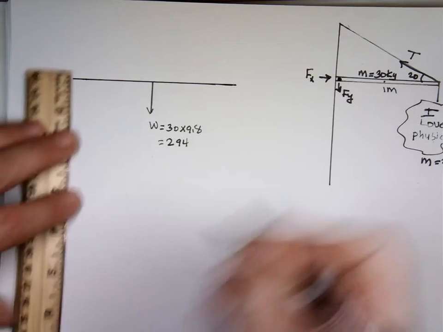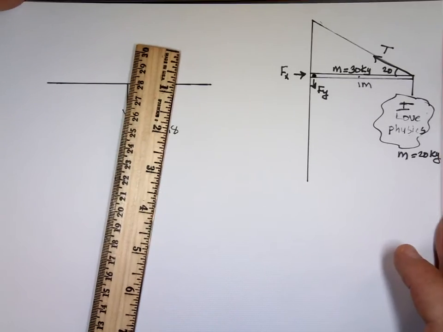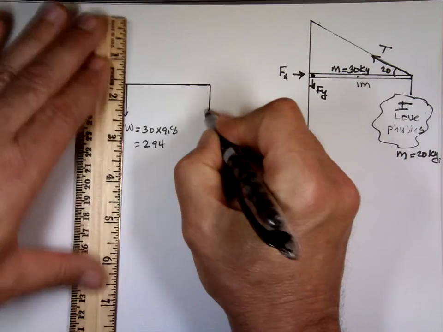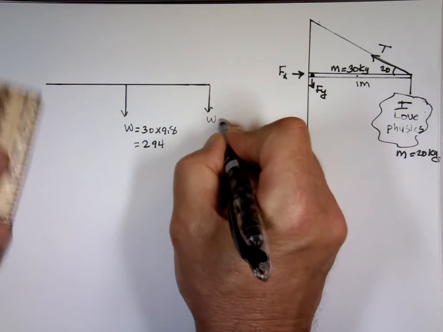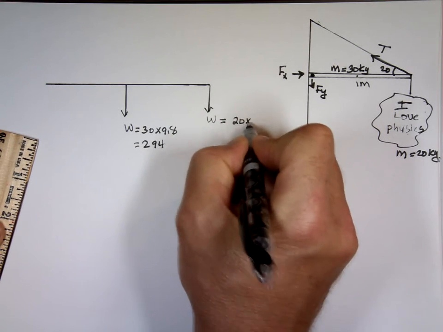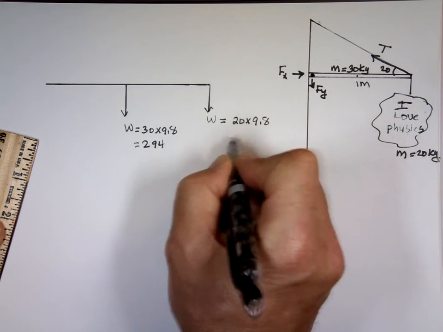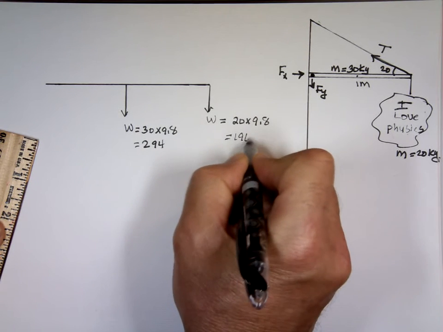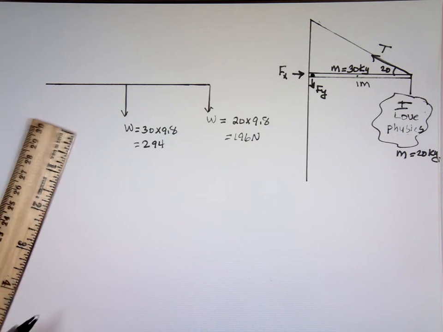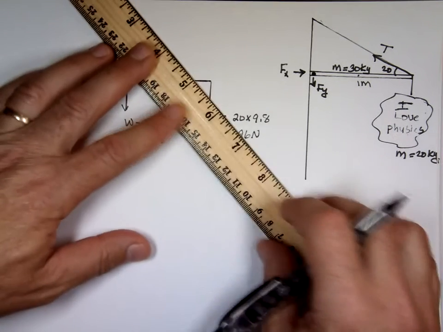We have the weight of the sign. That little sign says, I love physics. The weight of that is mass times gravity, 20 times 9.8. We have the tension pulling up there.